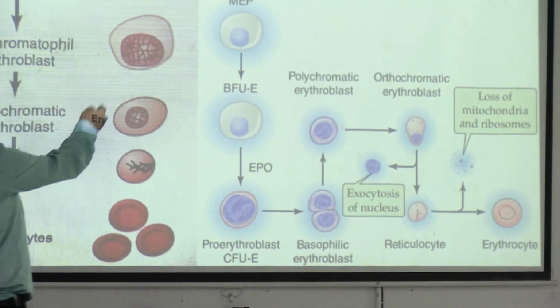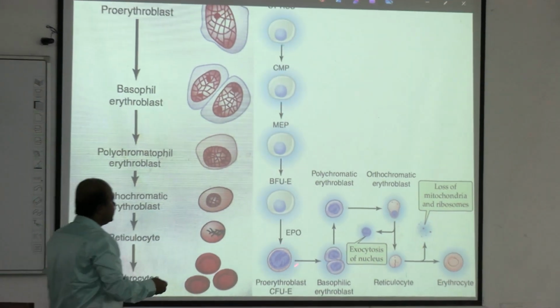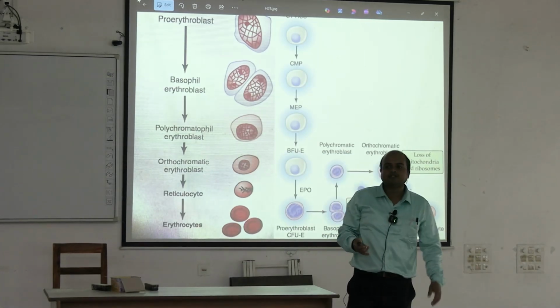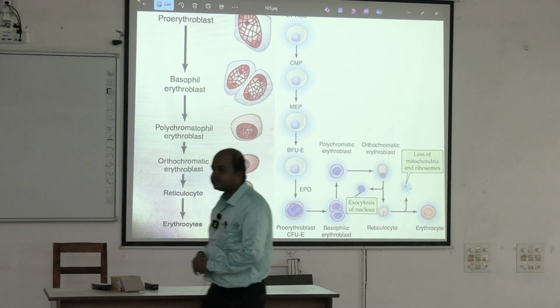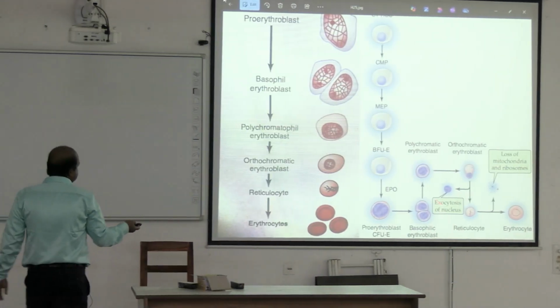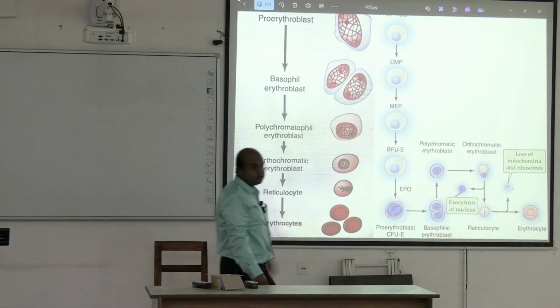see from the common myeloid progenitor, myeloid erythroid progenitor, then the burst forming unit, and from the burst forming unit to the pro-erythroblast, what is needed is erythropoietin, which acts at that stage. Erythropoietin is one of the important proteins, one of the factors helping in erythropoiesis.